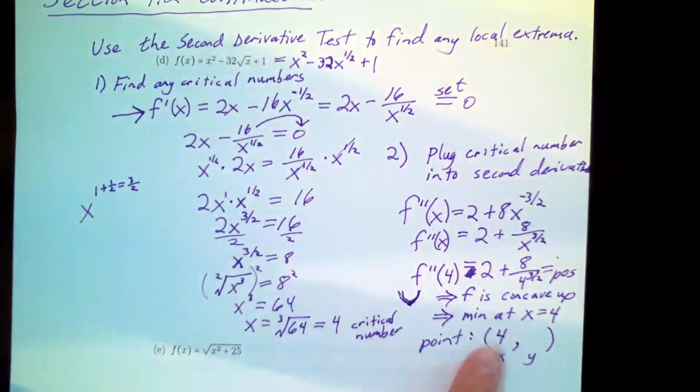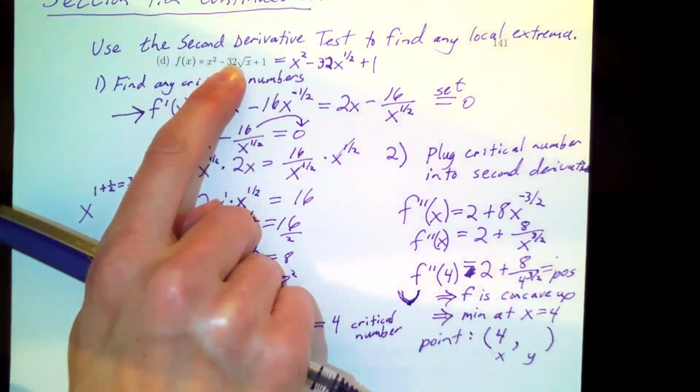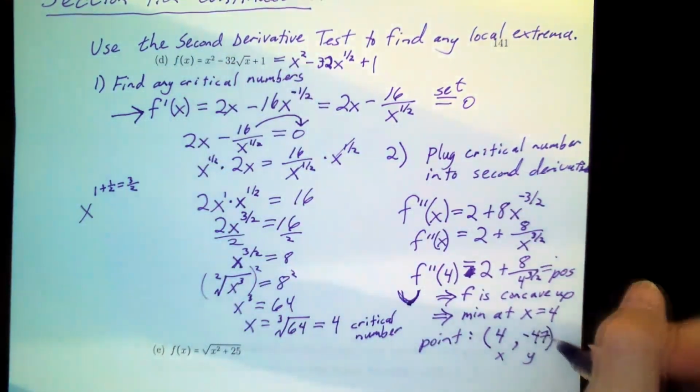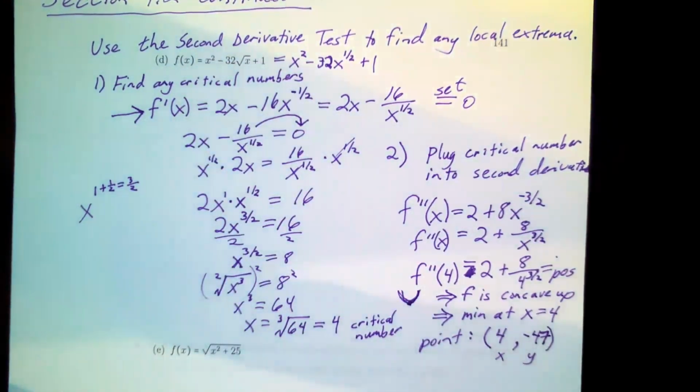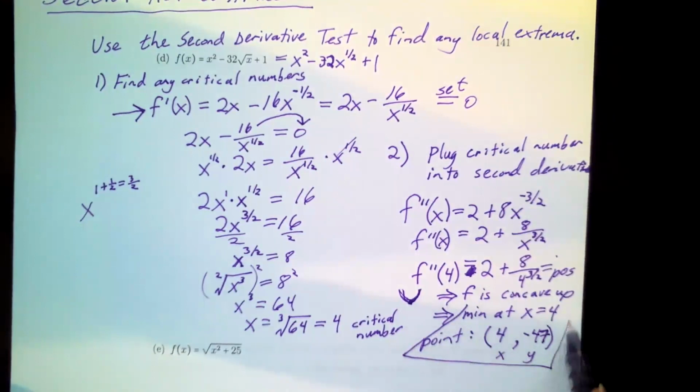And if you take x equal 4 and plug it back into the original function up here, you would get a y value of negative 47. So what we would say is that there's a local minimum at x equal 4, and the local minimum is negative 47. And then we are done with this problem.